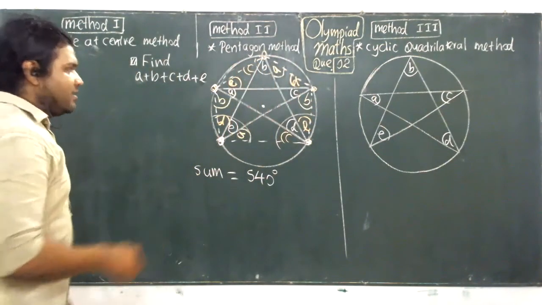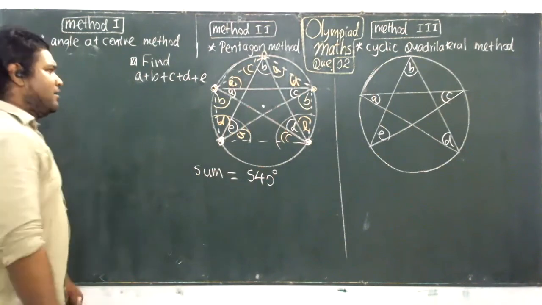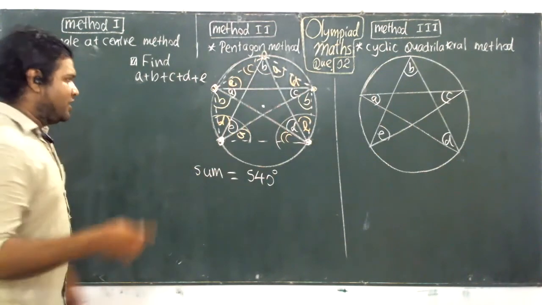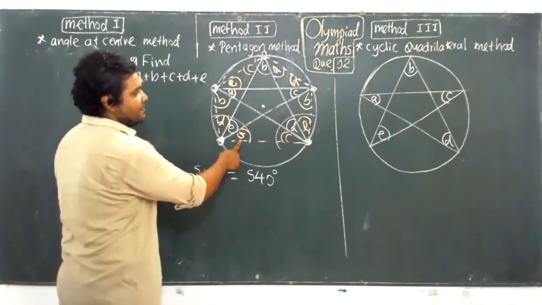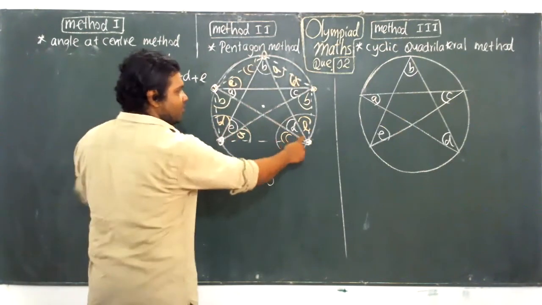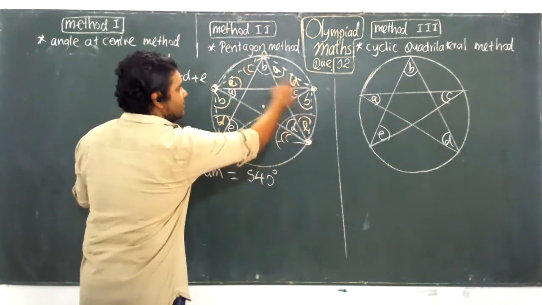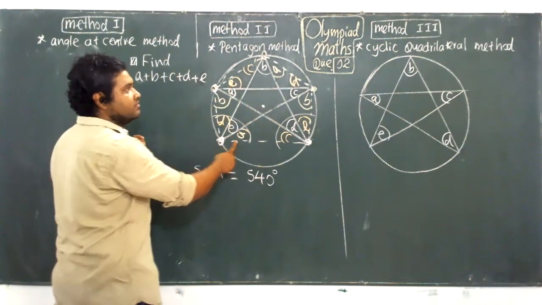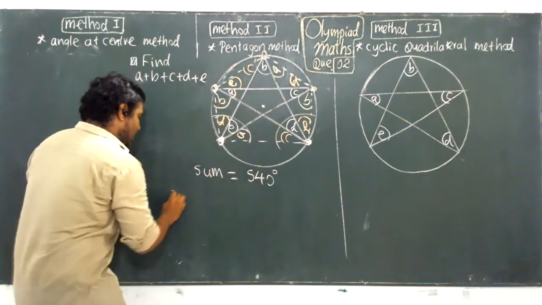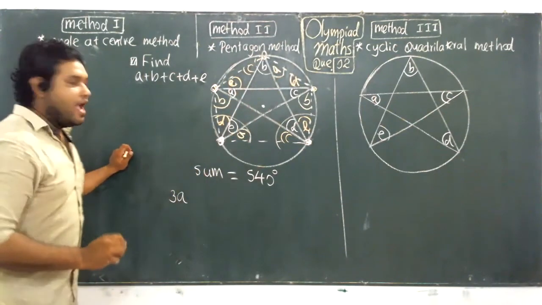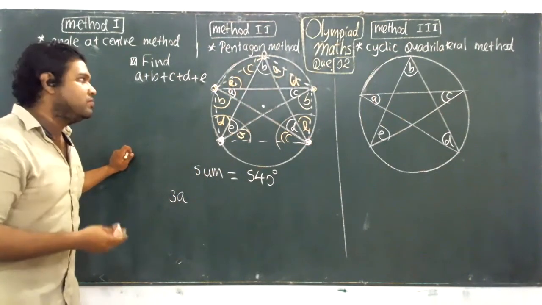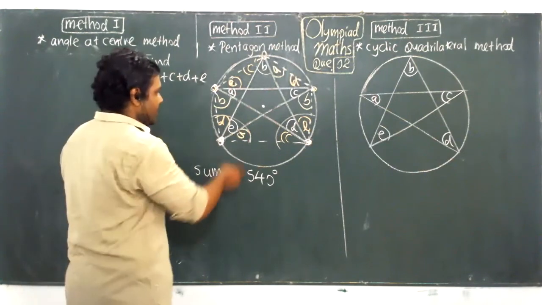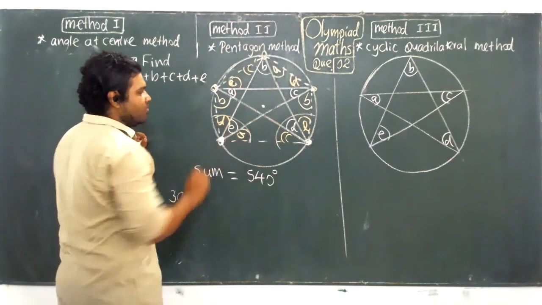To get all these 5 angles one by one is not needed; you better see this. Only one A is there at this corner, there are no other A letters. How many A letters? A, 1, 2, 3. I will write 3A. Then B: at this corner there are no B letters.